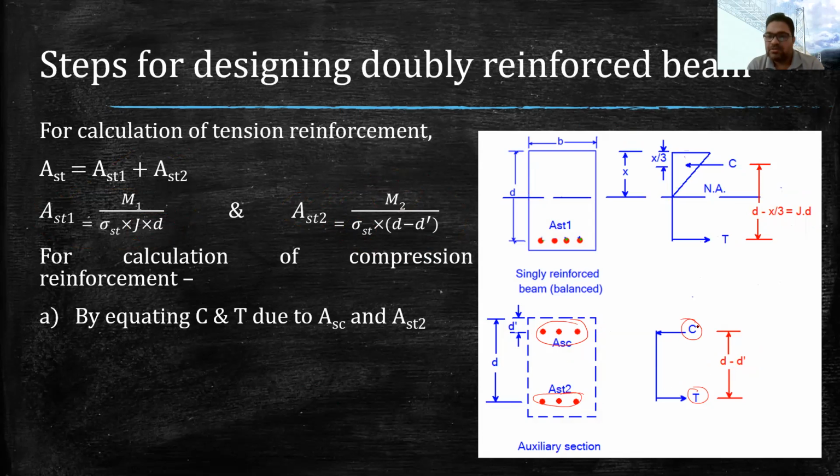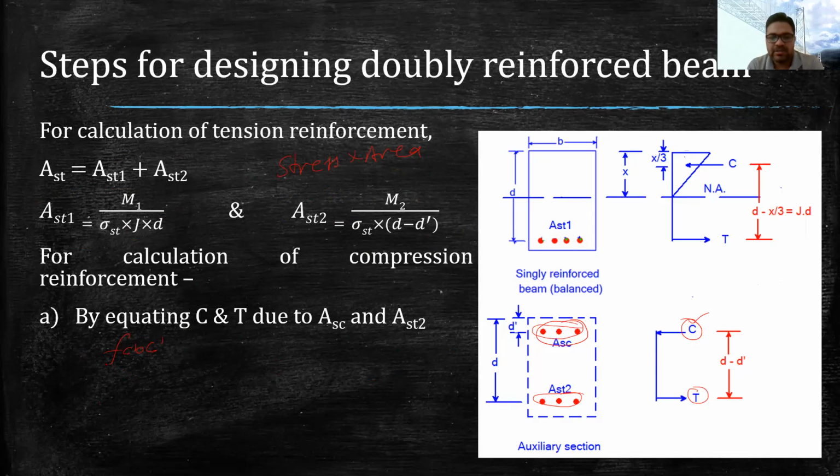Well, C is the compression force offered by the ASC, the compression resistance offered by the ASC. So this is actually the force. We know that force is stress into area. So when we write the expression for C, this becomes stress into area. The stress in the steel, that is ASC, we represent as FCBC dash.